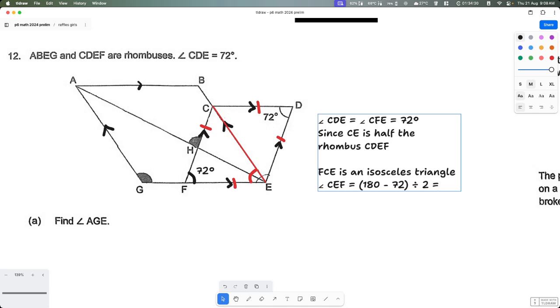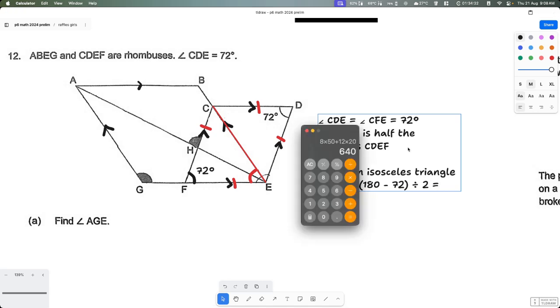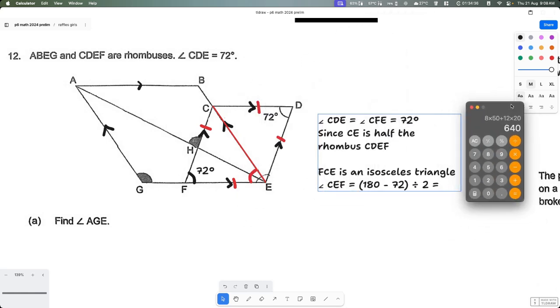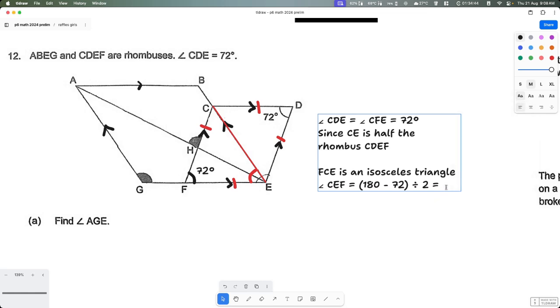Let's see what the answer is. Take our calculator. 180 minus 72 is 108, divided by 2. This is 54 degrees. So I'm going to put 54 degrees over here.